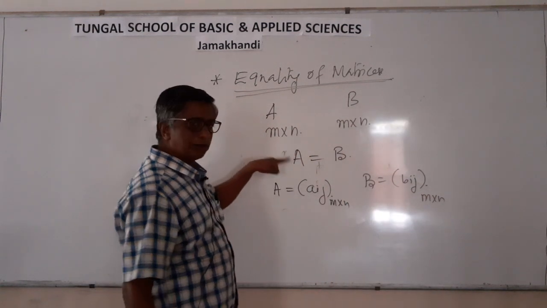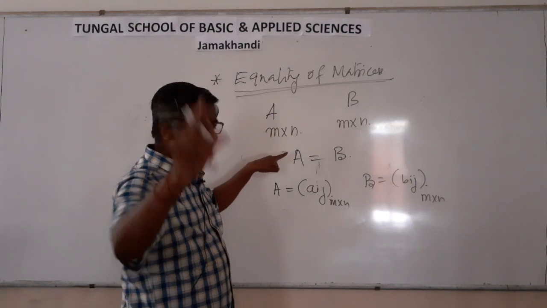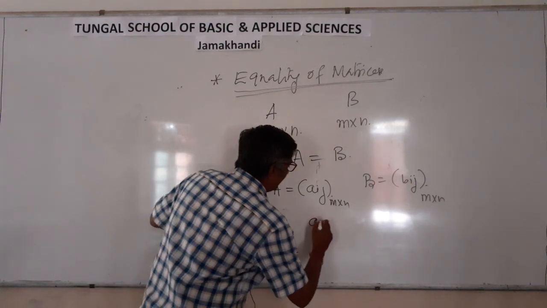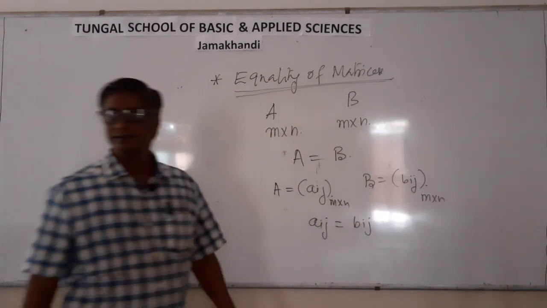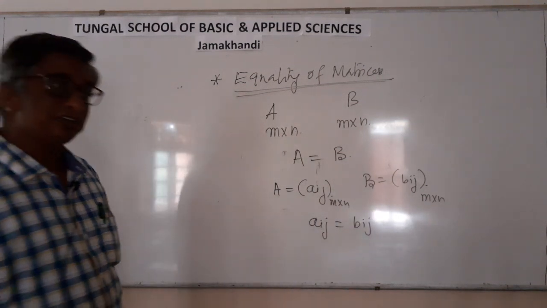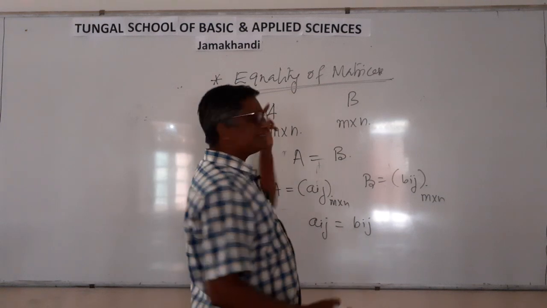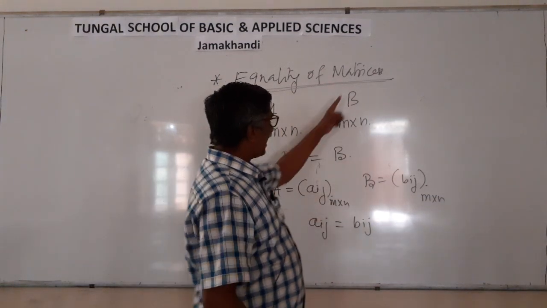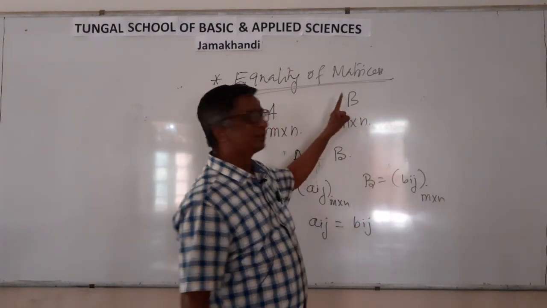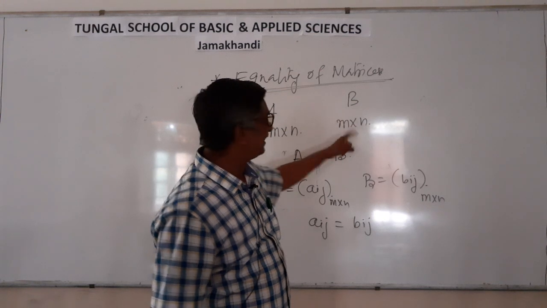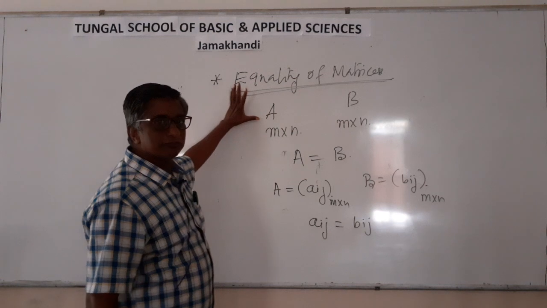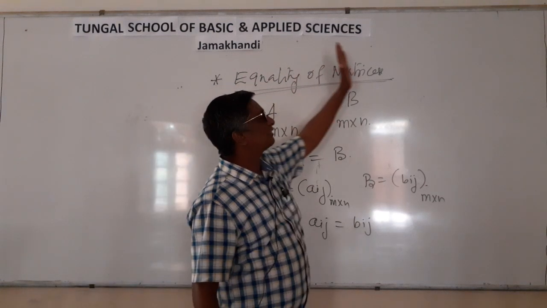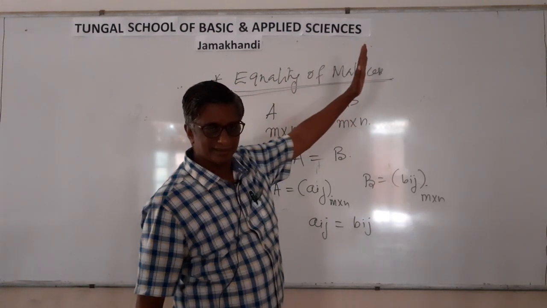A equal to B if and only if Aij is equal to Bij. The ith and jth element of A is the same as the ith and jth element of matrix B, then A and B are said to be equal matrices.